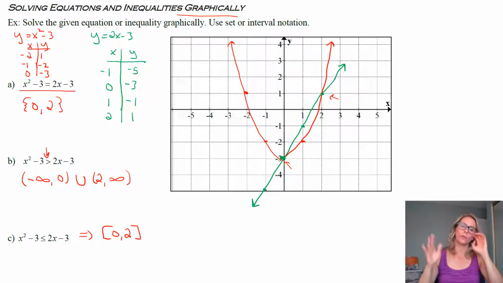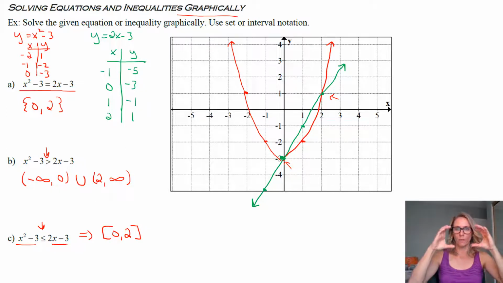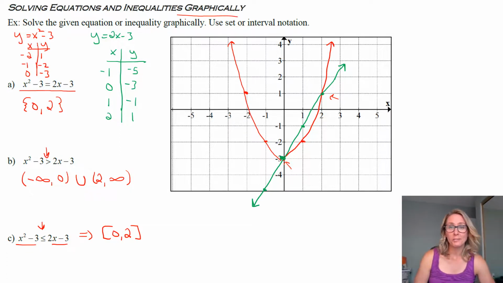So in that little interval, the line is greater than the parabola, and that's what this piece right here is saying. It's asking when is the line greater than or equal to the parabola. So equal to gives us the brackets, and then 0 to 2 is the interval over which that happens. And that's section 2.3.